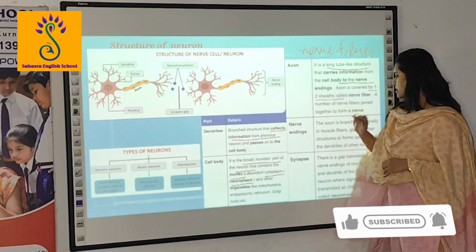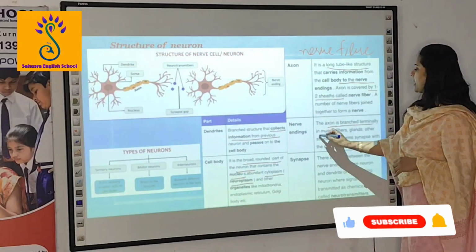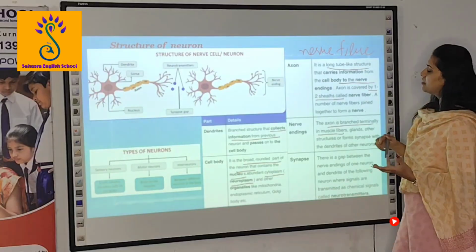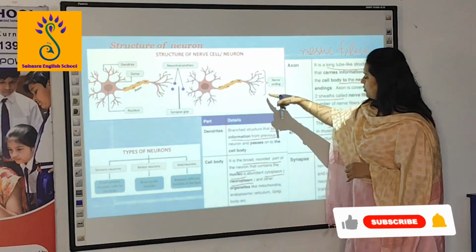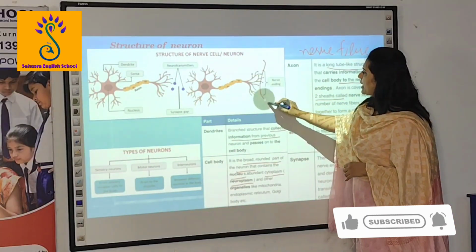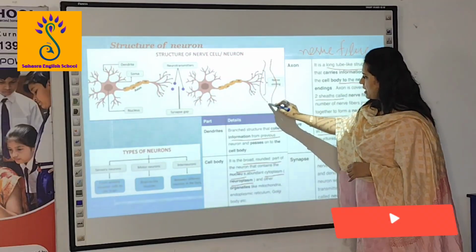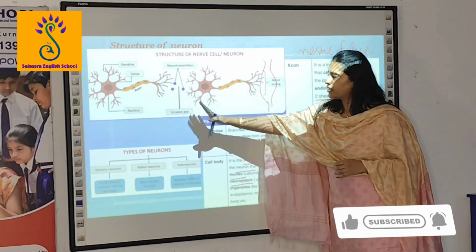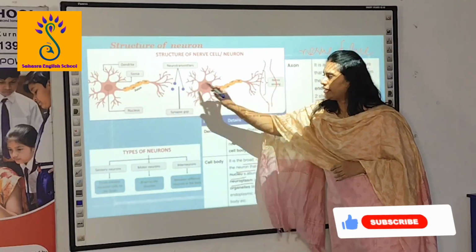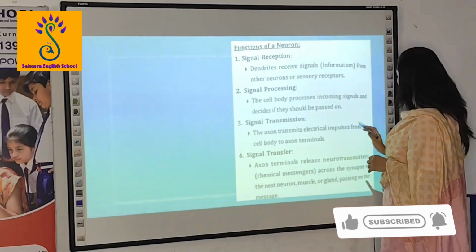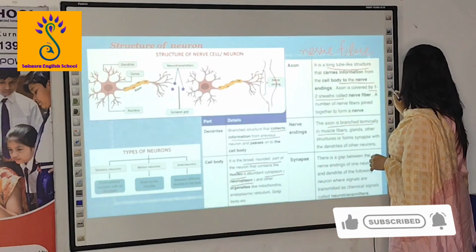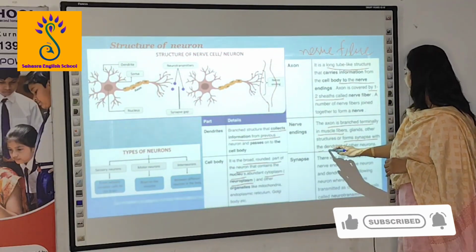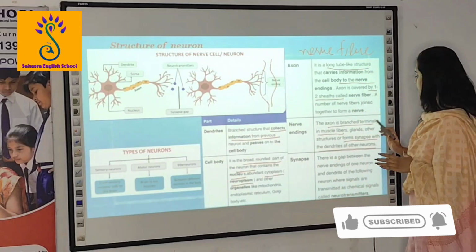Coming to nerve endings, the axon is branched at the terminal point. If we look at this picture, it may either terminate into a muscle or a gland, or it forms a synapse with the dendrites of other neurons.